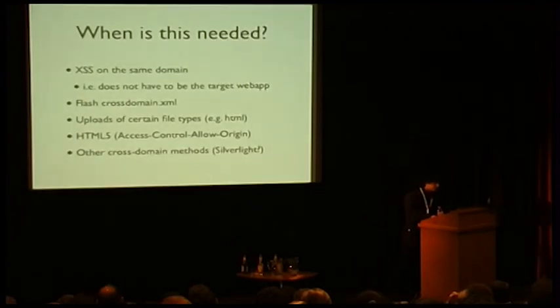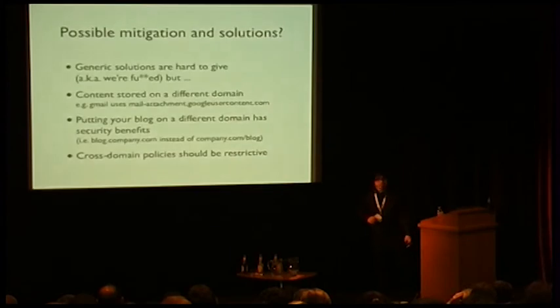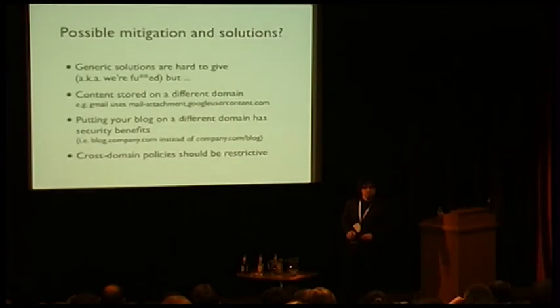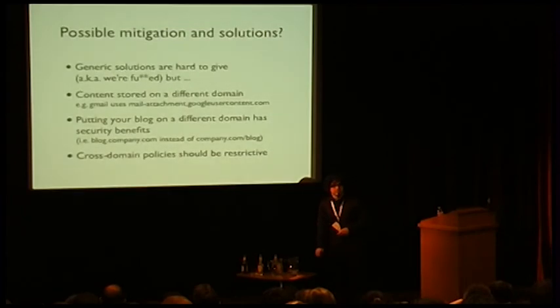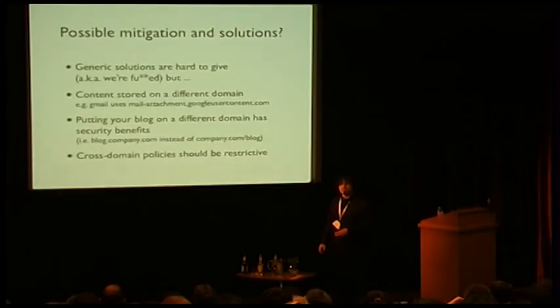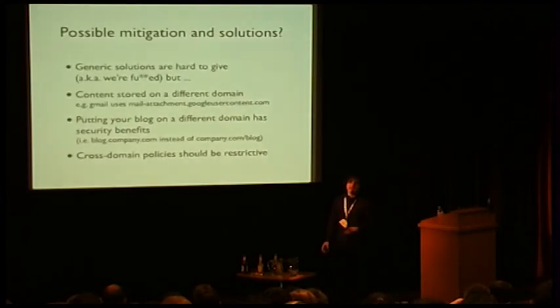Originally I thought it would be cool to provide some mitigation and solution because it sounds nice when I'm submitting a presentation to the CFP committee. So I have one slide about solutions. I think we have a problem fixing these things because they are features and not bugs.